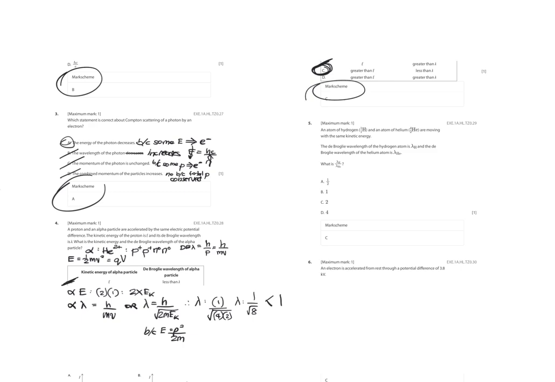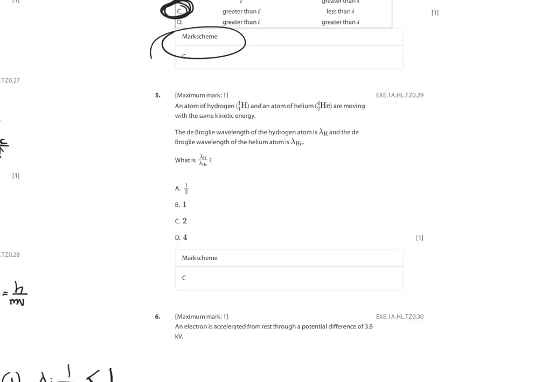Okay, next question, 5. Atom of hydrogen, atom of helium moving with the same kinetic energy. De Broglie wavelength of hydrogen is lambda H, and of the helium is lambda He. What is the ratio? Man, they love those ratios. And actually, number 5 is very similar to number 4.